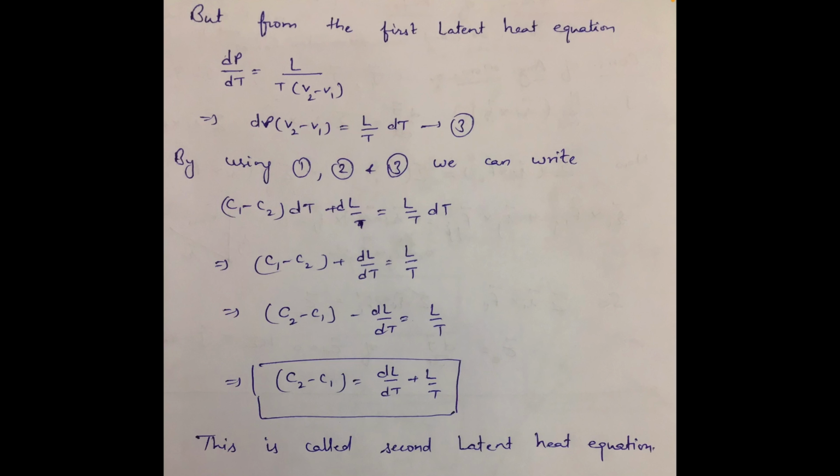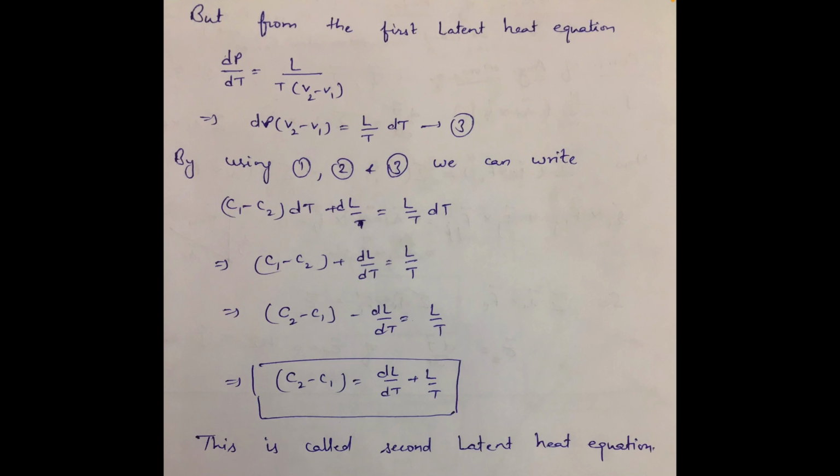So we can say that L by T dt is the net amount of heat absorbed by the substance. So from equations 1, 2 and 3, as all these three equations represent the net amount of heat absorbed, we can equate equation 1, 2 and 3.